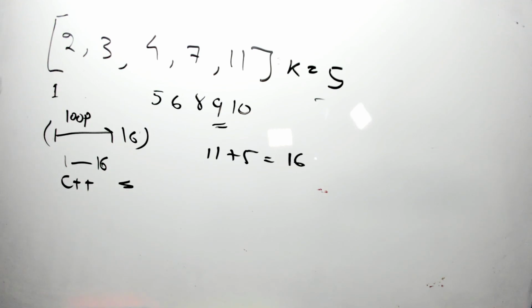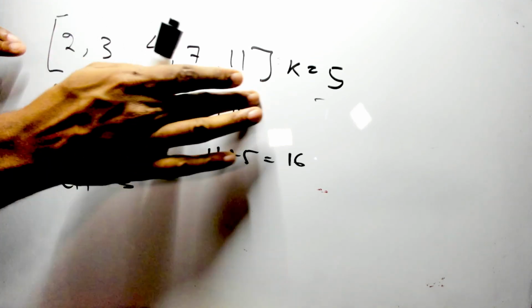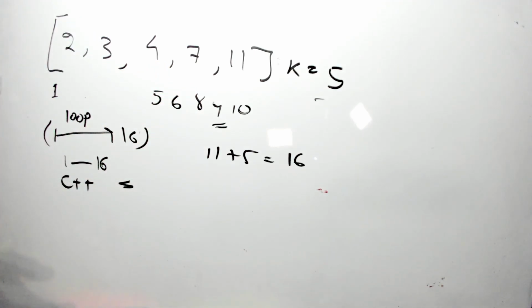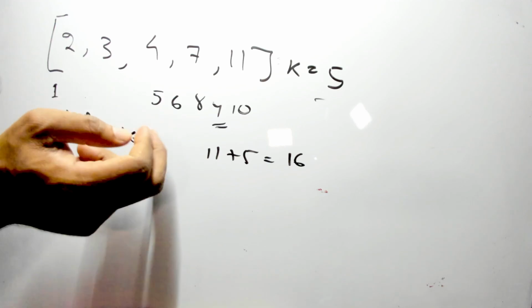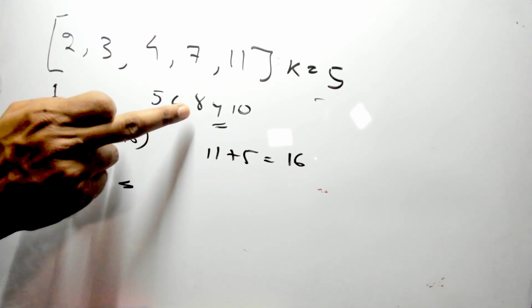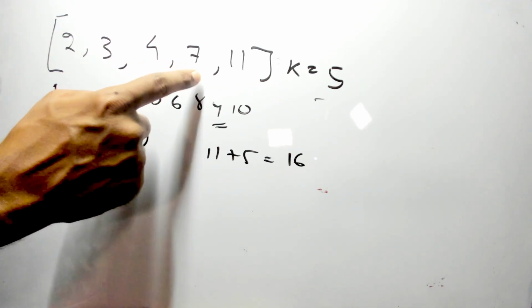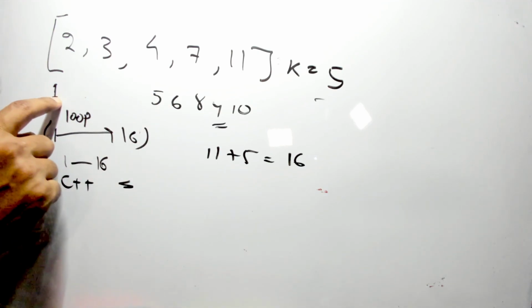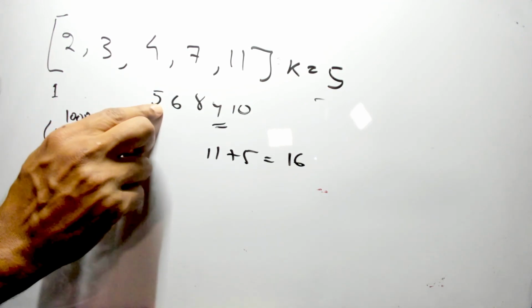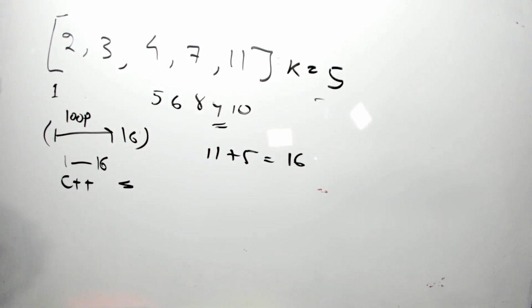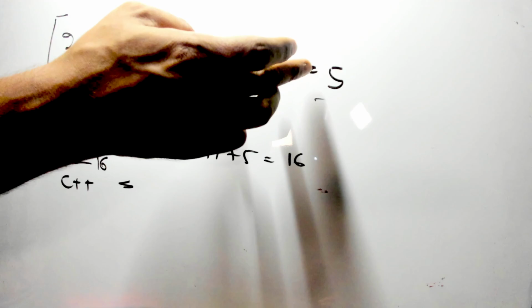But this problem can be solved using binary search, because this is a sorted array. Why binary search? Because here you see, when we reach 7, our number of missing numbers is 3, and that is less than k.